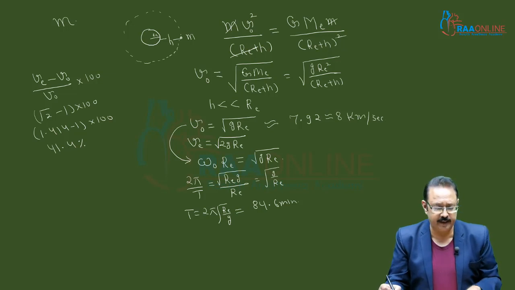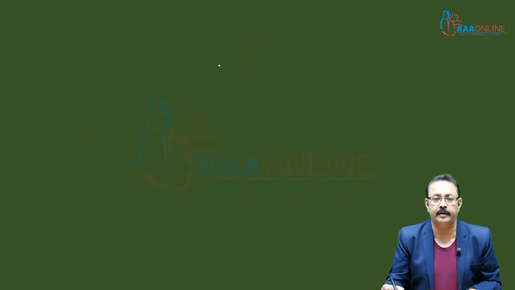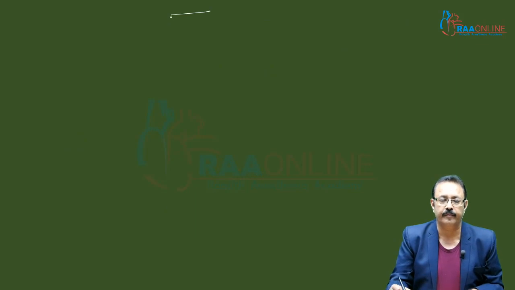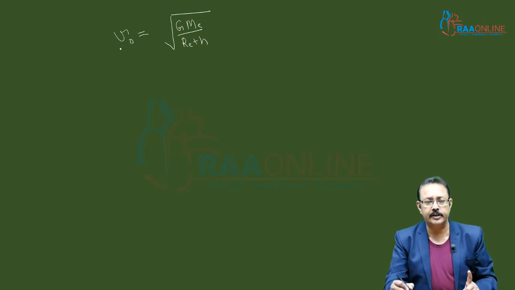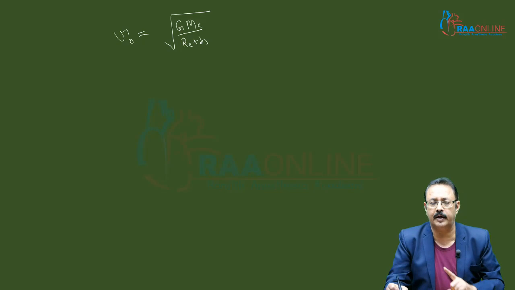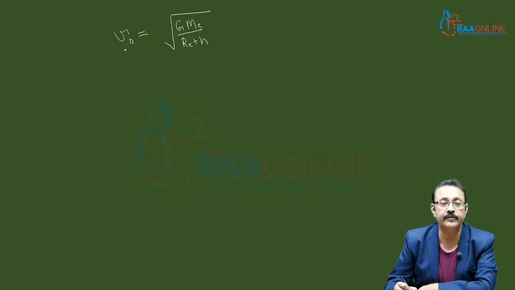Their velocity is root GMe upon Re plus h. It is the orbital speed for any satellite which is orbiting at a distance h from Earth's surface.